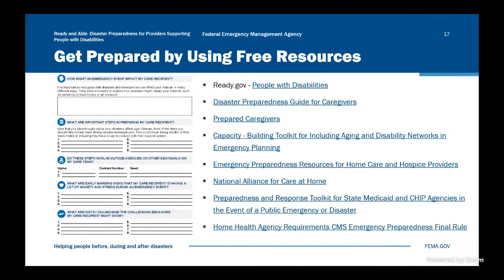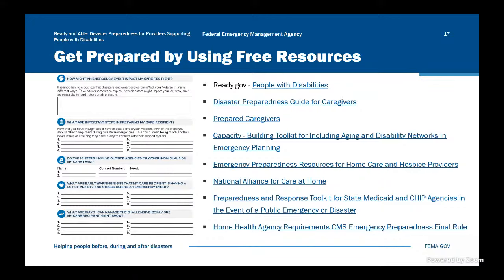So again, I'm not an expert in what your agency is required to follow. So I just provided these as resources. Your state licensing agencies should be able to tell you. If you're not sure, but you're licensed in your state, you've never done this before, they would be a good resource for you to contact.